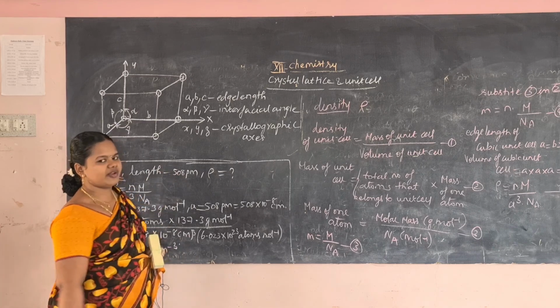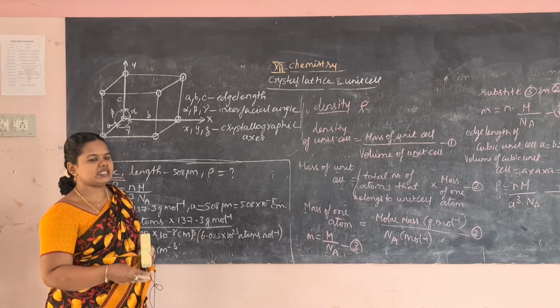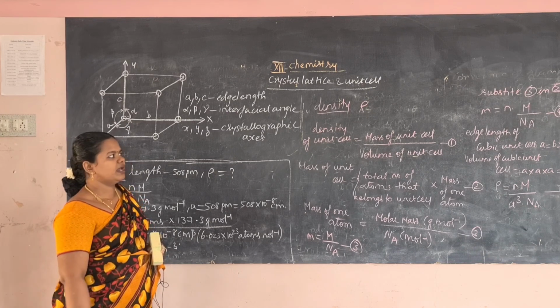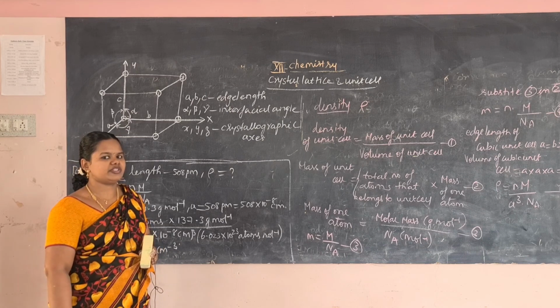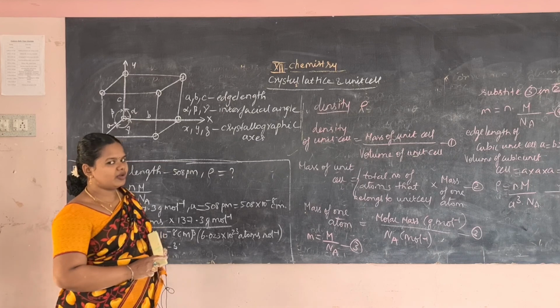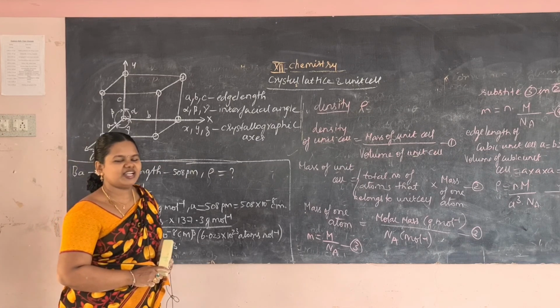So these are all the 7 primitive unit cells. Then we have learnt about the number of atoms in SC, BCC, and FCC. Then we have learnt about Bragg's equation, that is nothing but n lambda is equal to 2d sin theta. Then we have learnt how to calculate the density of the unit cell, that is rho.